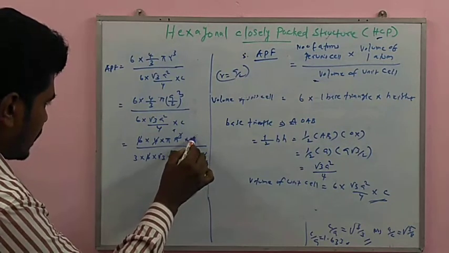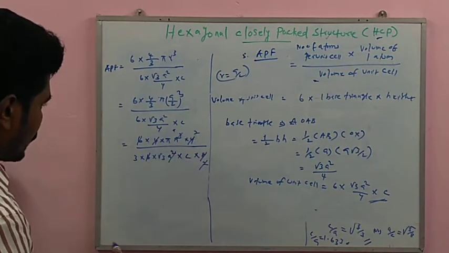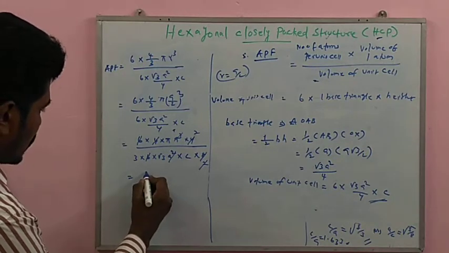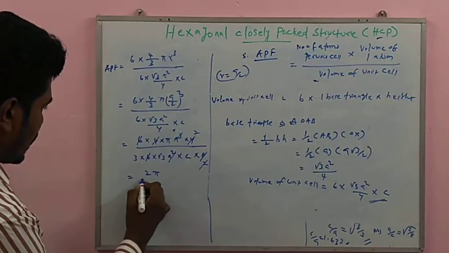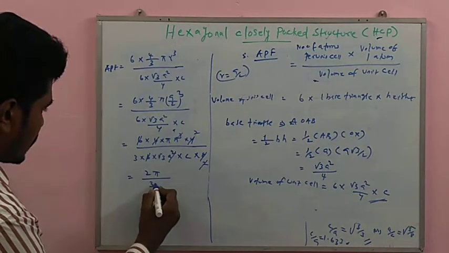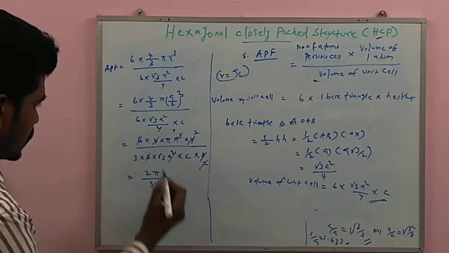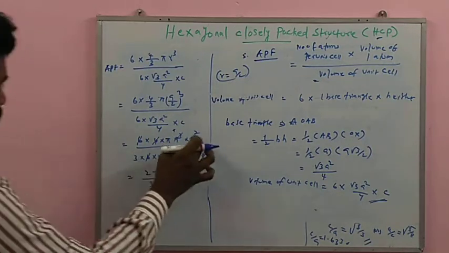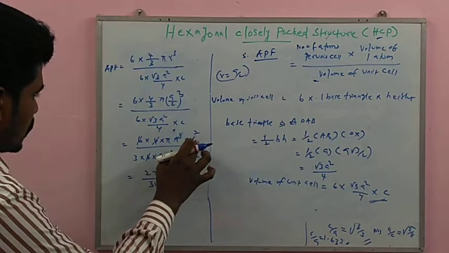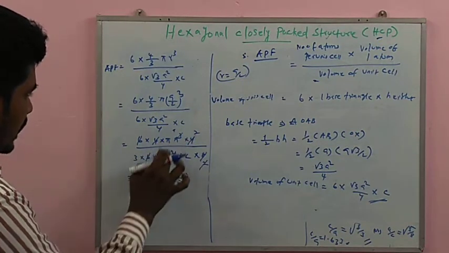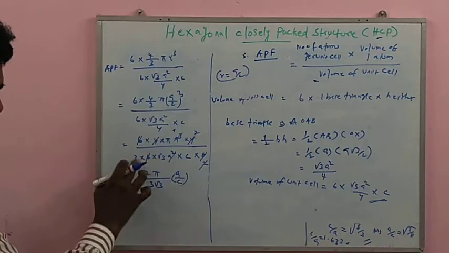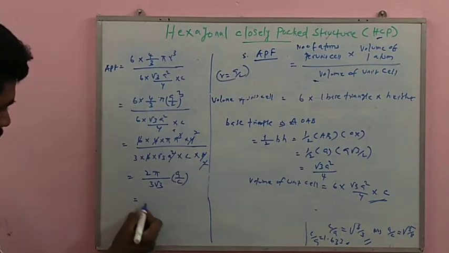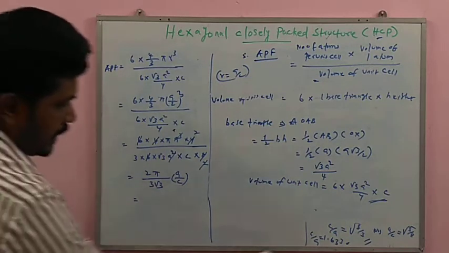So the answer is 2 pi A by 3 into root 3 into C. Understand? Now we already know the C by A value.